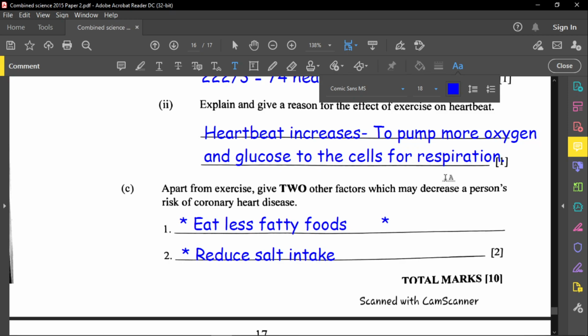And of course, you can drink adequate water, because water is important to take the excess salt out of the body and also to improve digestion. So drinking adequate water is another good one.